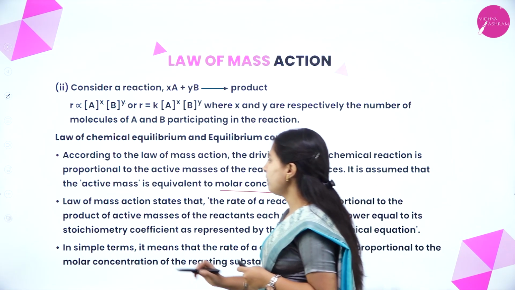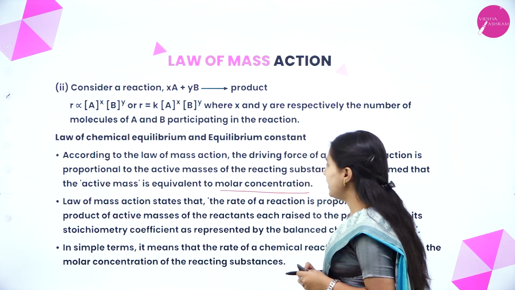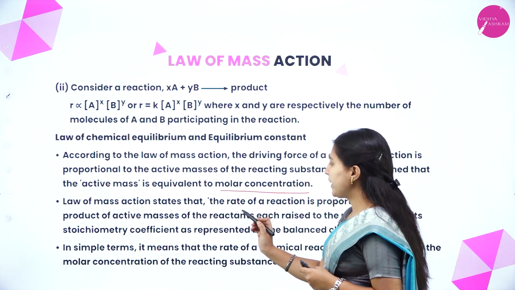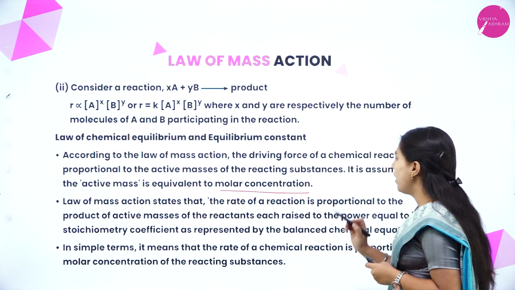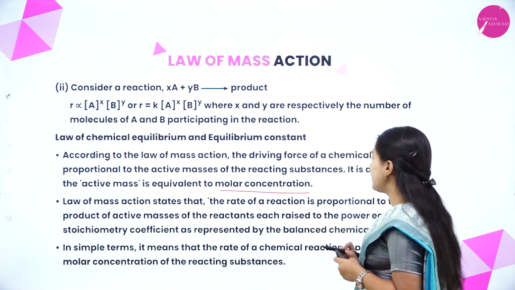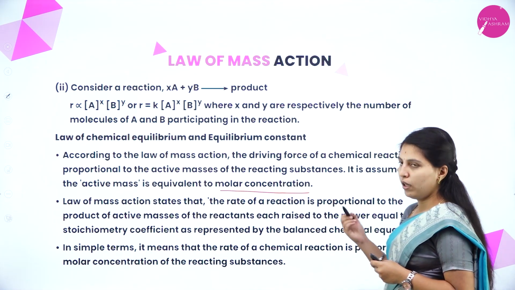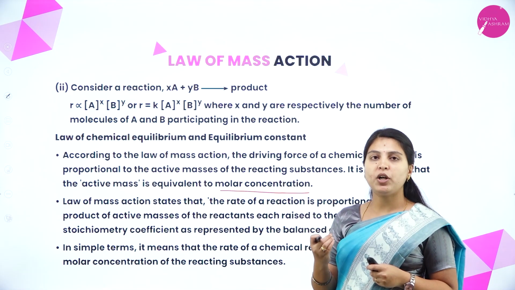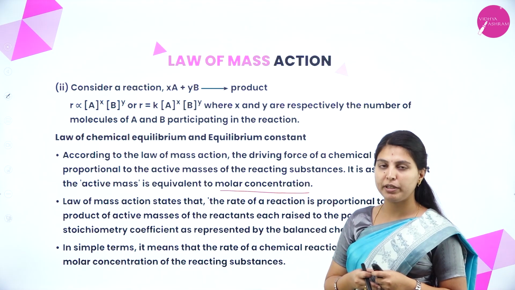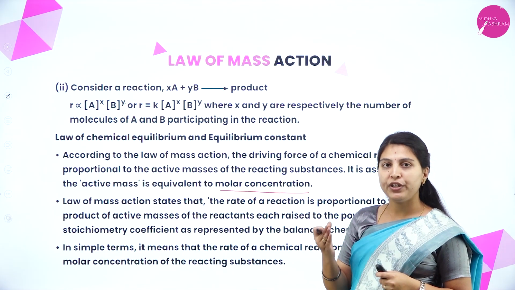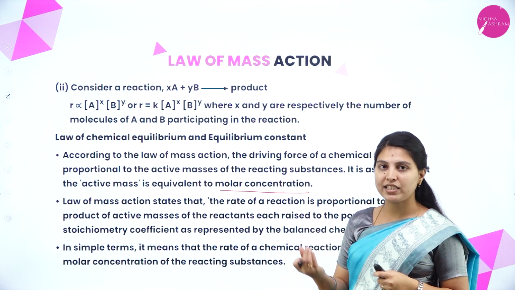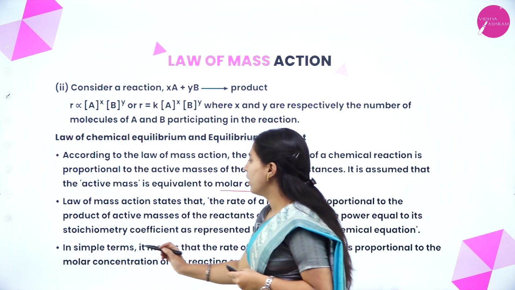Okay. The law of mass action states that the rate of a reaction is proportional to the product of active masses of the reactants, each raised to the power equal to its stoichiometric coefficient as represented by the balanced chemical equation. At the power, what have we written? The number of molecules. If the number of molecules increases in the stoichiometric equation, obviously we have to increase it on the product side also, because we will get more product.